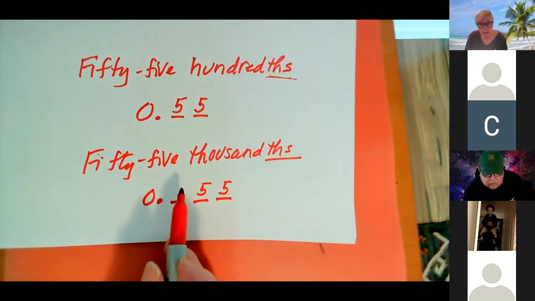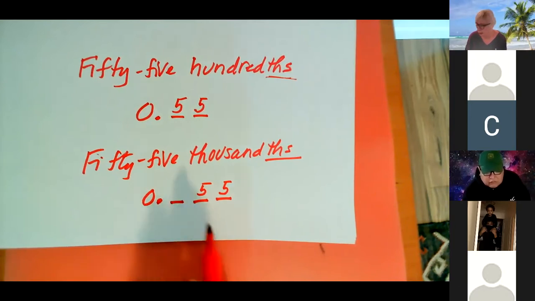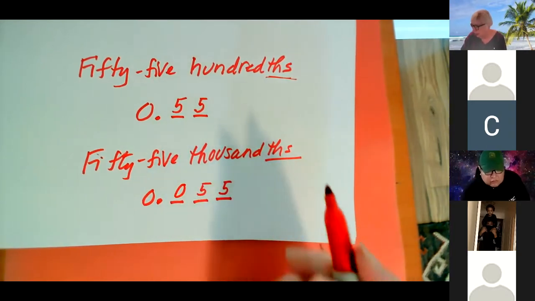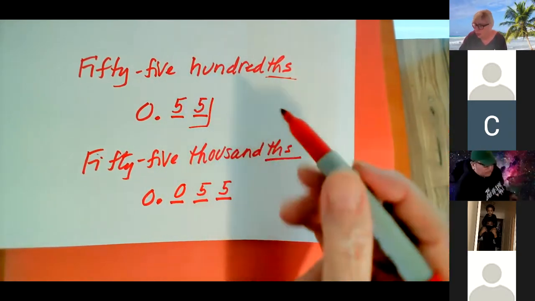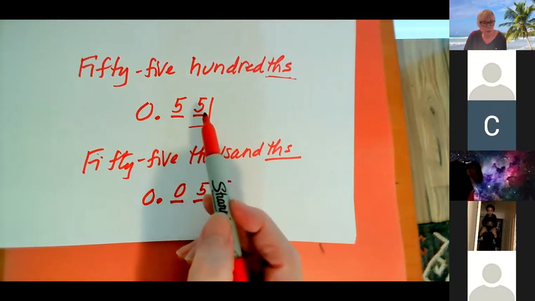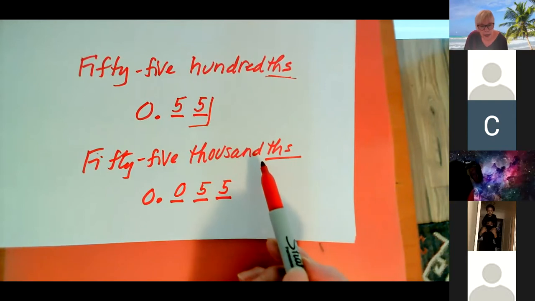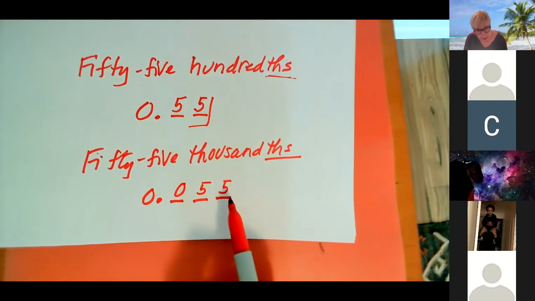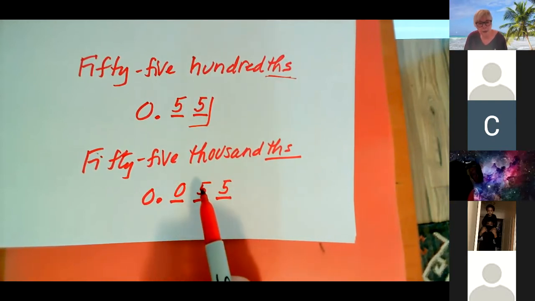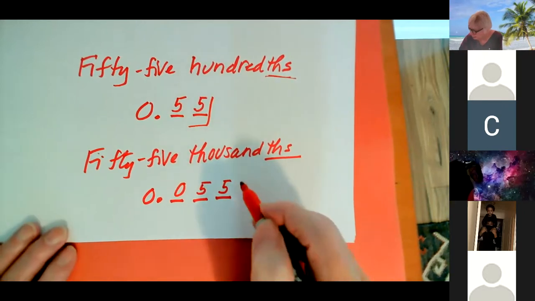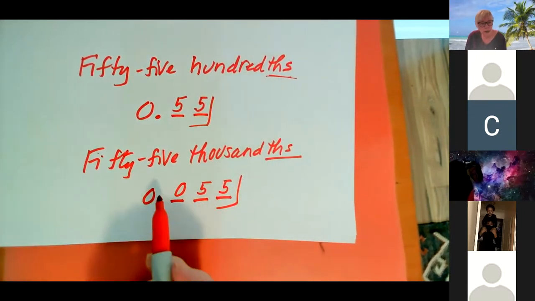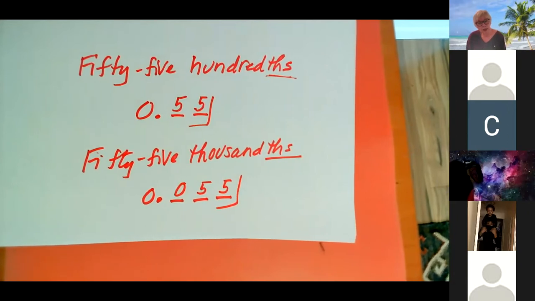What would you say? What makes sense? Anybody? 0. 0, correct. So notice when it was hundredths, I had to put in 2 numbers and I had 55, so I dropped them in. When I had thousandths, I have to have 3 decimal places and the number 55 had to back up, be over here. And so that was that.